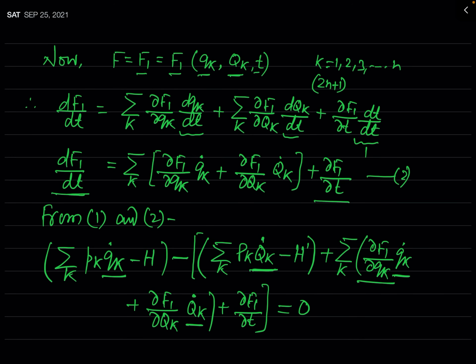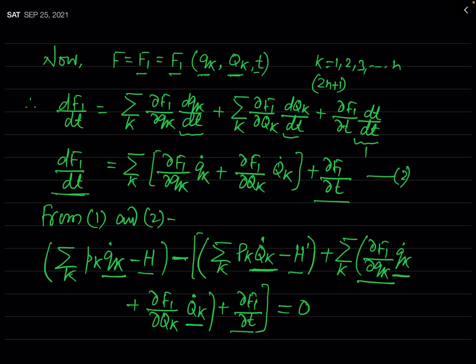So the terms which I have underlined have been taken. What are the remaining terms? There is minus h which remains, and here is plus h prime, and again minus del F1 by del T, because of this minus sign.